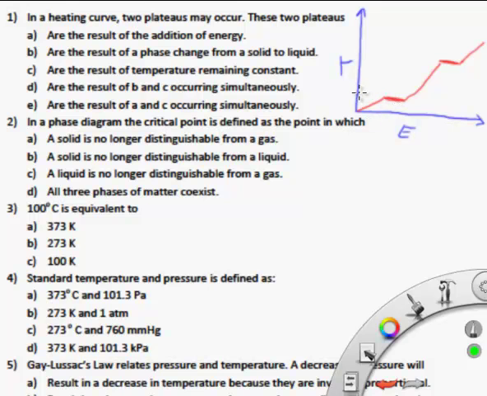Here, below this line, we'd be looking at a substance in a solid state.